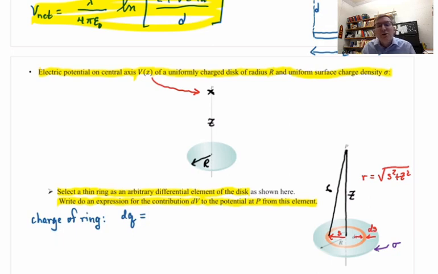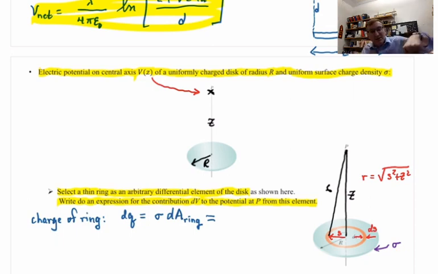So, to get the charge of that highlighted ring, I would take the sigma for the disk, the charge per unit area, and I would multiply it by the area of that highlighted ring, and I'm going to denote that dA ring. That's the area of the highlighted ring. Now don't overthink that term. What is the area of the highlighted ring?